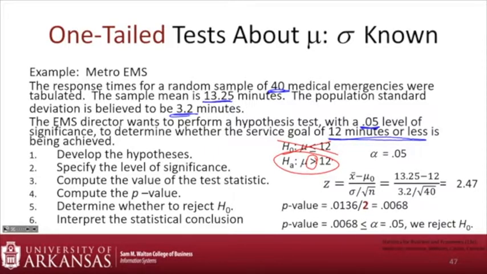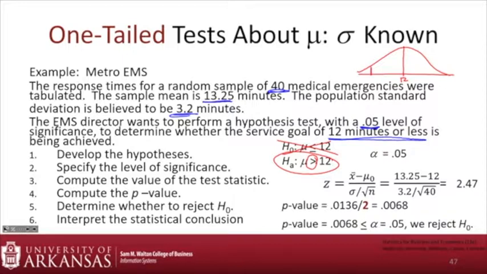Could you draw the curve? Absolutely. What we're doing is assuming it's a normal distribution. Our sample size is bigger than 30, so we can make that assumption pretty well. Here's my mean of 12. I'm interested in 12 minutes or less, so I'm looking this way.